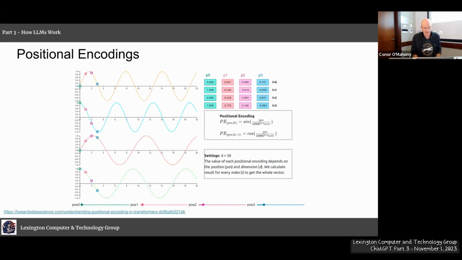So these numbers will be a little bit different depending on which particular system you're using. The other thing to note is that these numbers are computed in advance, so essentially it's just like a table lookup for these specific values. These positional encodings are added into the embeddings. It's actually an addition operation that adds them in.